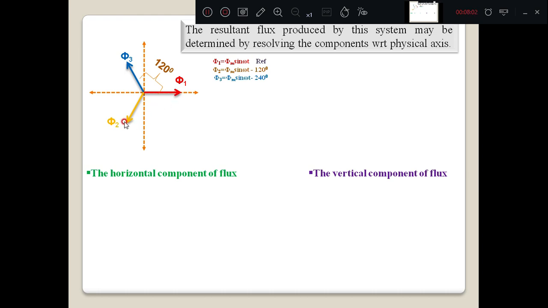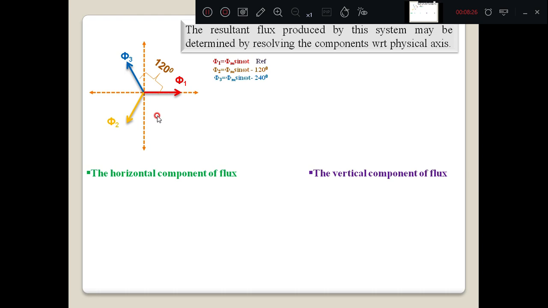However, you have to find the x component of phi 2, which is acting on the negative x axis. Here it is 120 degrees, and between these two is also 120 degrees. The angle between the reference axis and phi 3 is 60 degrees, and between phi 2 and the reference axis it is also 60 degrees.